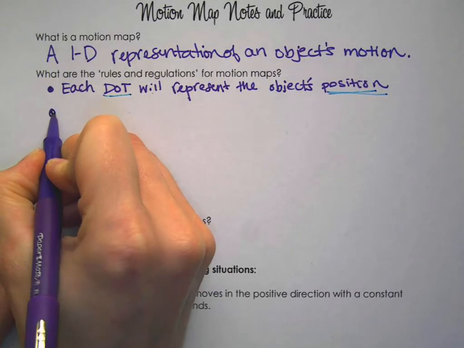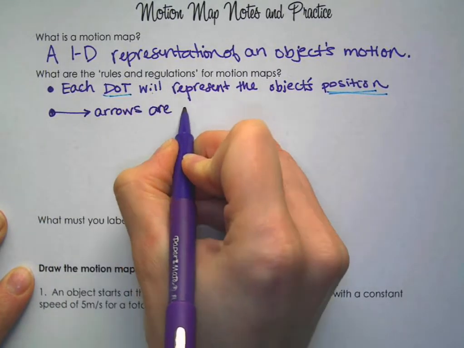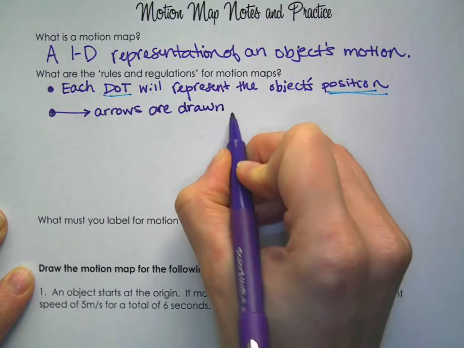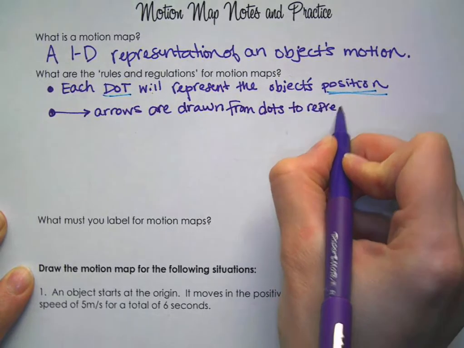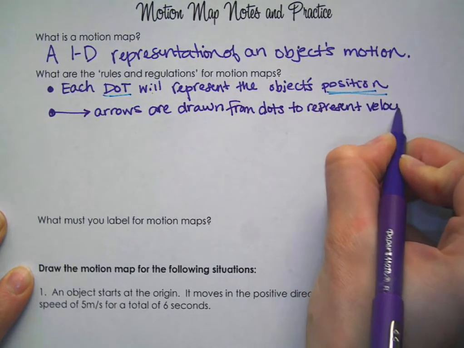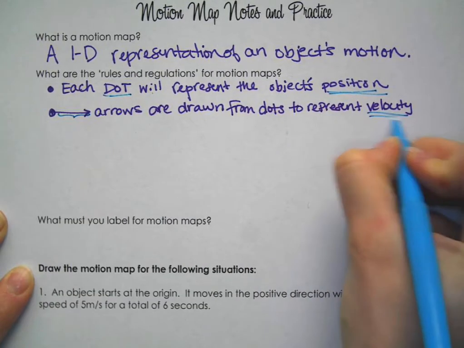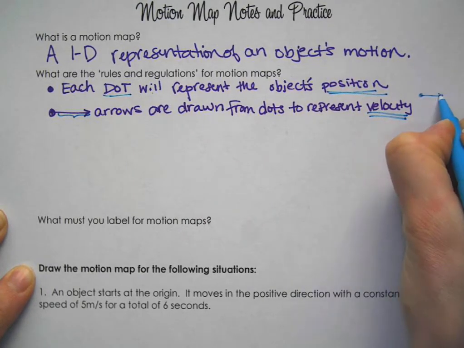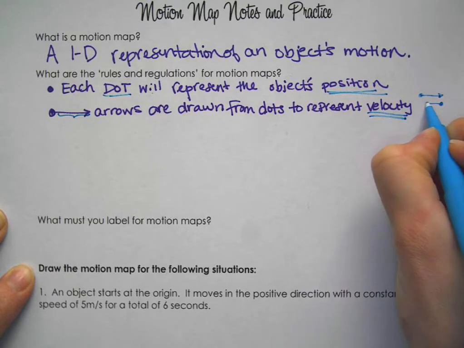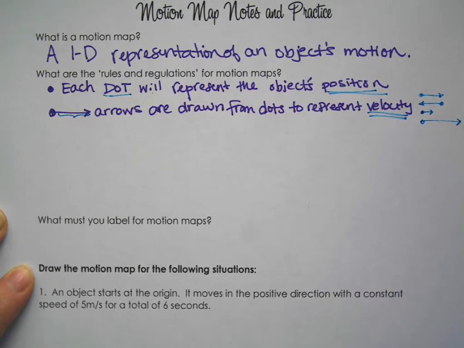Arrows are drawn from the dots to represent velocity. So again, the arrow portion is going to represent velocity. Remember, this is showing magnitude and direction, so I can have an arrow going to the right, an arrow going to the left, a small arrow, or a large arrow. So the magnitude is the size of the arrow and the direction is whichever way the arrow is pointing.